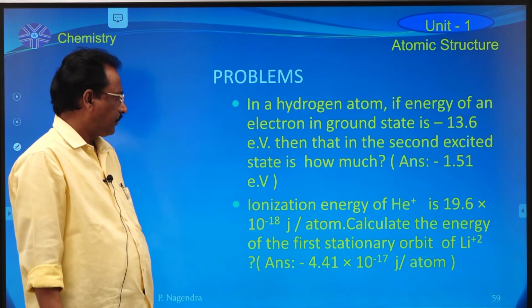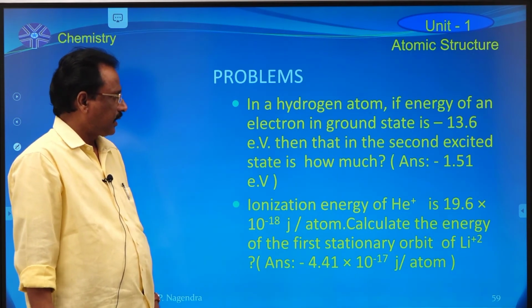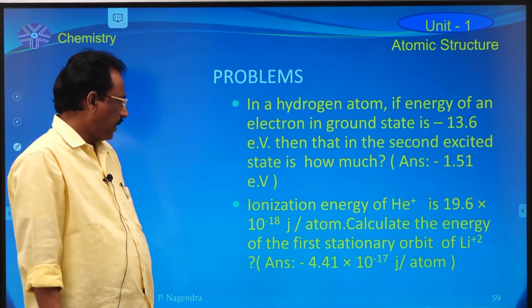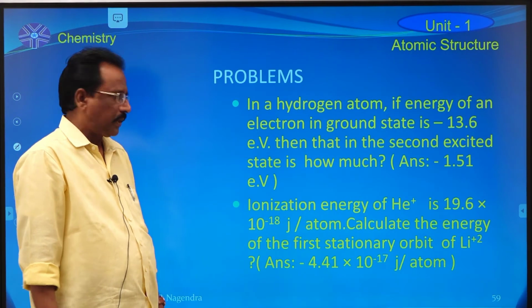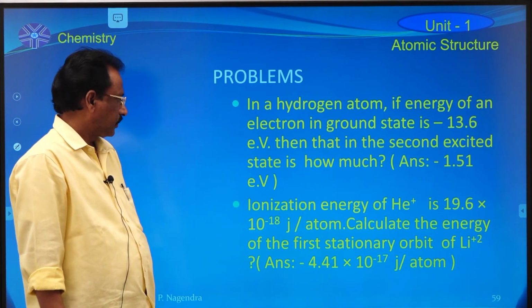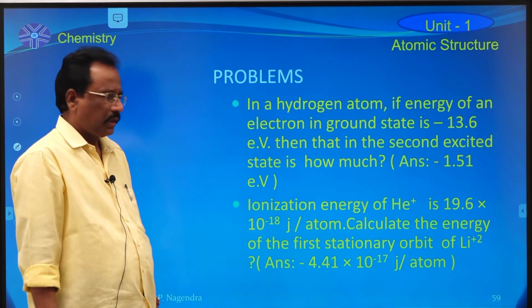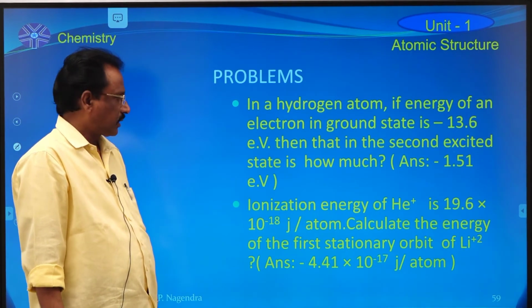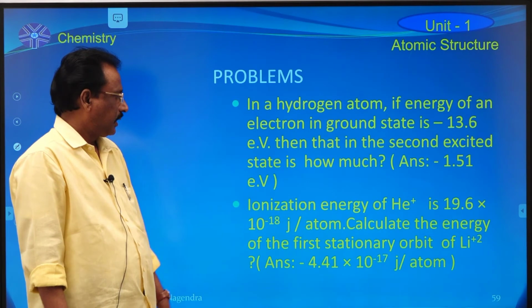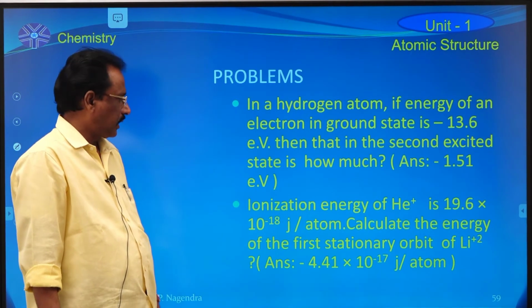So, problem: the ionization energy of He plus ion is 19.6 into 10 power minus 18 joule per atom. According to Bohr's theory, it is applicable to hydrogen like ions also. This is one of the examples of a hydrogen like ion.